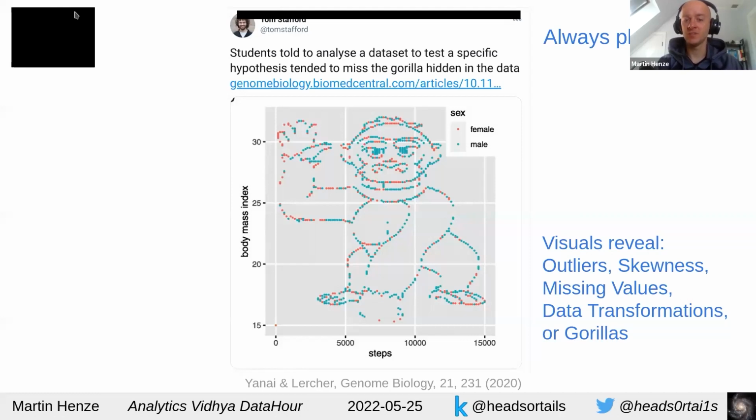And this is obviously a toy example. This is a specifically designed data set. There will rarely be any gorillas in your data, although you can never completely rule it out. So it's always best to check. And it's always best to plot your data to get a quick impression of how different features are related, how different variables are related, whether there might be some obvious outliers, and what the shapes in your data are.